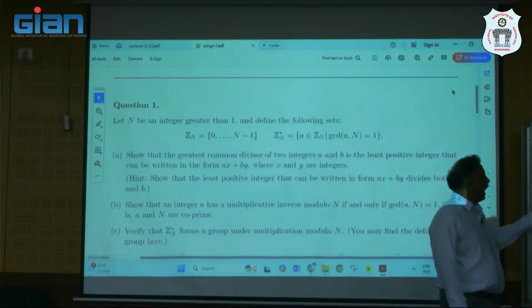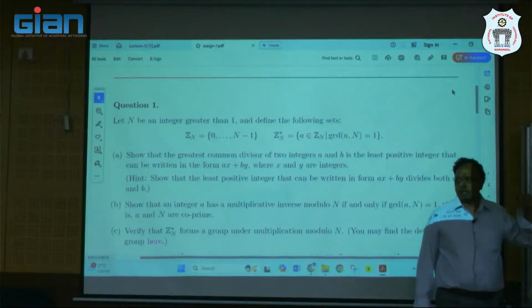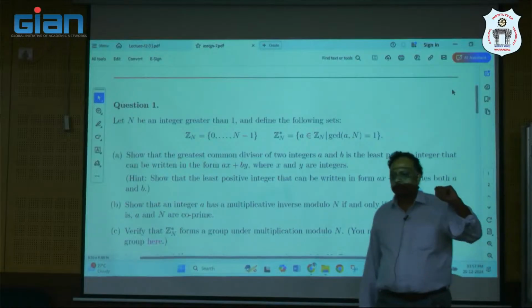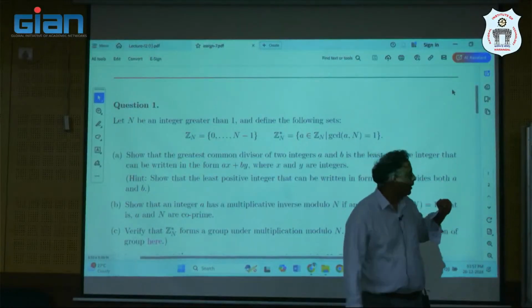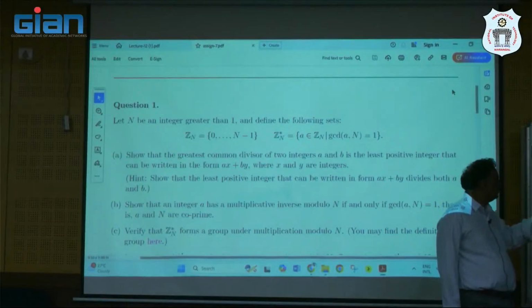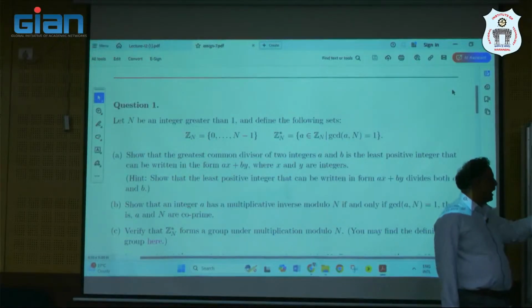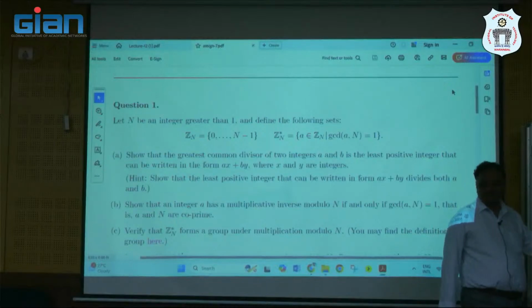Now if R does not divide A, then you write A is equal to RD plus C. C is the remainder, agreed. Now A minus RD is equal to C. You write R as AX plus BY, you get this.